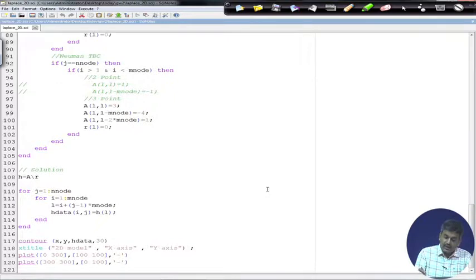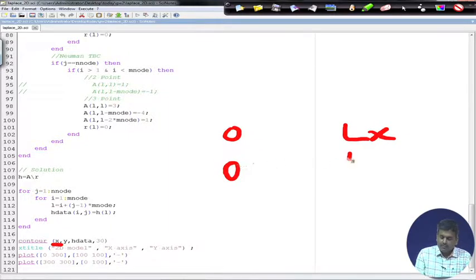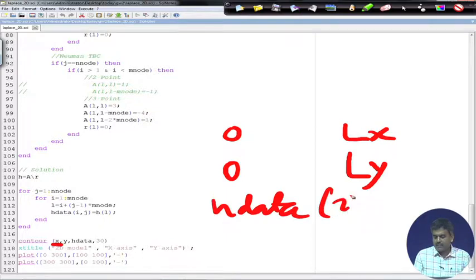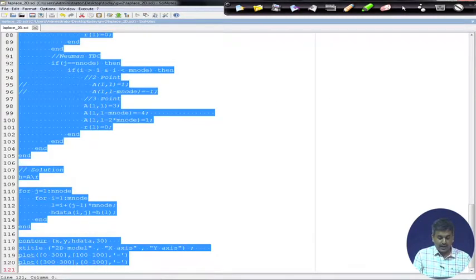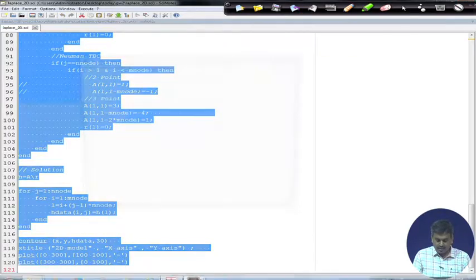So we already specified this x value which is varying from 0 to Lx and y value which is varying from 0 to Ly, H data which is again function of I and j, essentially function of x and y in this case. Now if I plot this, so I can select and run this one.